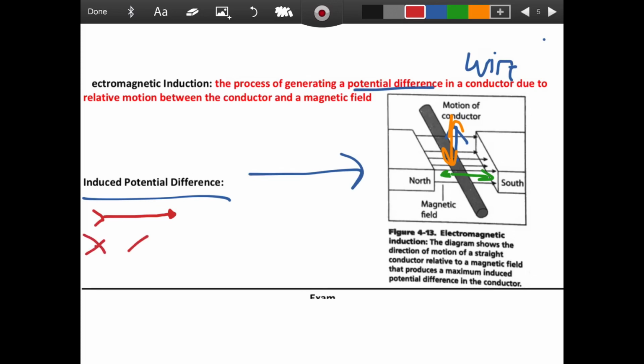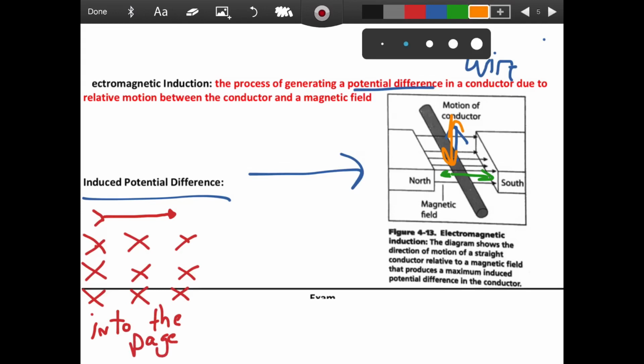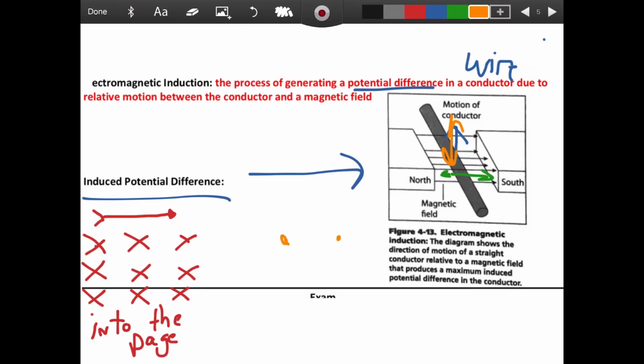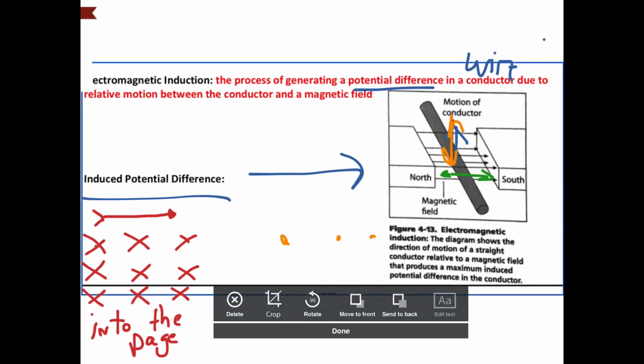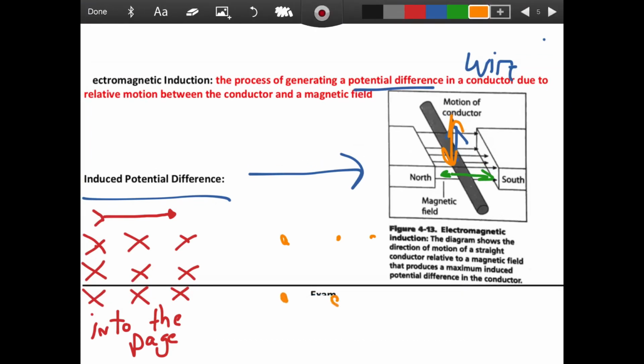So if we see a magnetic field like this with X's, that means the magnetic field is pointed into the page or screen. And if it were moving the opposite way, we would see the point coming towards us. So if we see a bunch of points, this would mean that the magnetic field is pointed out of the page or screen.